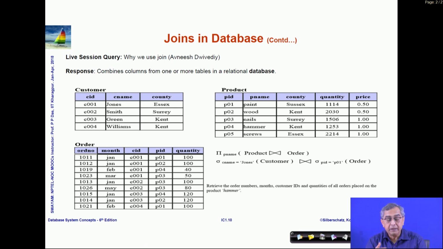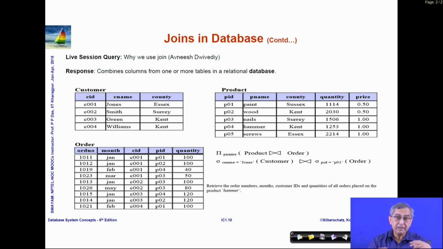Similarly, a product has been purchased, say P01 has been purchased twice. So, if you keep the country of that product in that order table, then that will get repeated. So, all those issues. So, you have kept them segregated, and it is the key of the customer, which is CID, and the key of the product table, which is PID. Using those you create the order table.